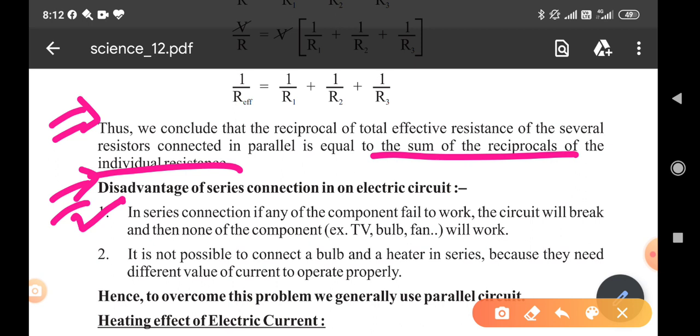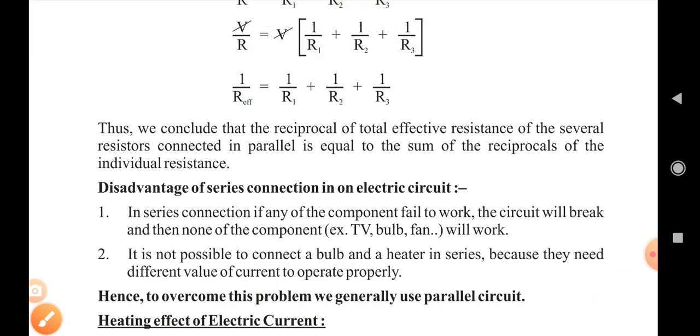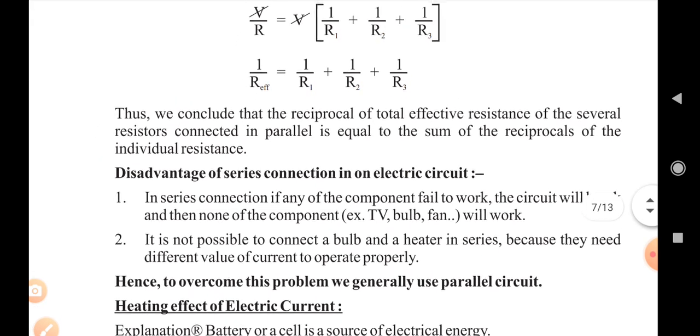Suppose that your house connection is series, just like a fuse. If the fuse stopped working, after that the rest of the appliances of your house like bulb, fan, TV stop working, because the fuse is always connected in series with the electric circuit of your house.